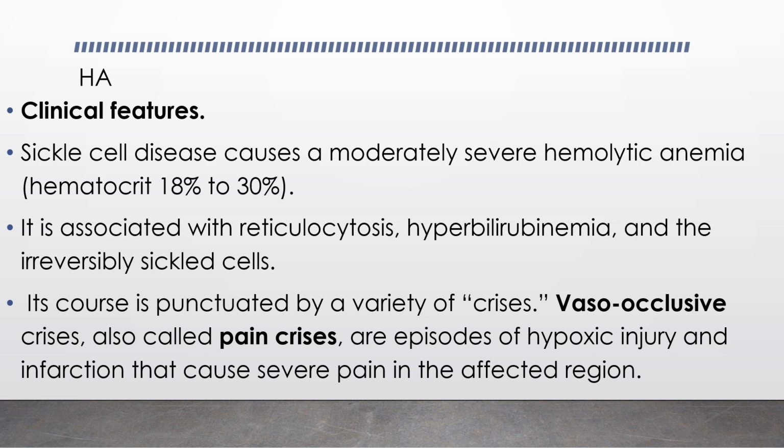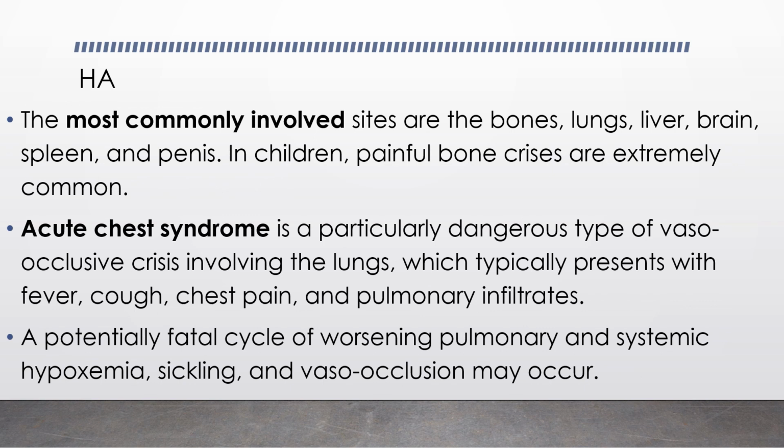Wherever there is ischemia, there is pain, and it can cause abdominal pain, bone pains, or pains in any organ. Episodic hypoxic injuries and infections. Severe pain in the affected region. Bones, lungs, liver, brain, spleen, and penis are most commonly involved. Thus, even in children, painful bone crises are quite common.